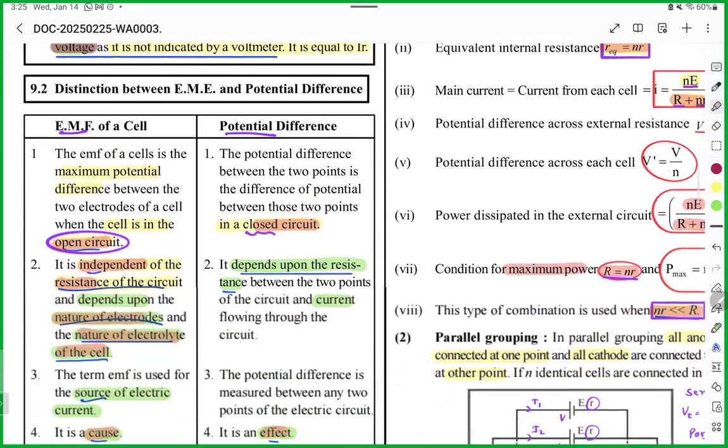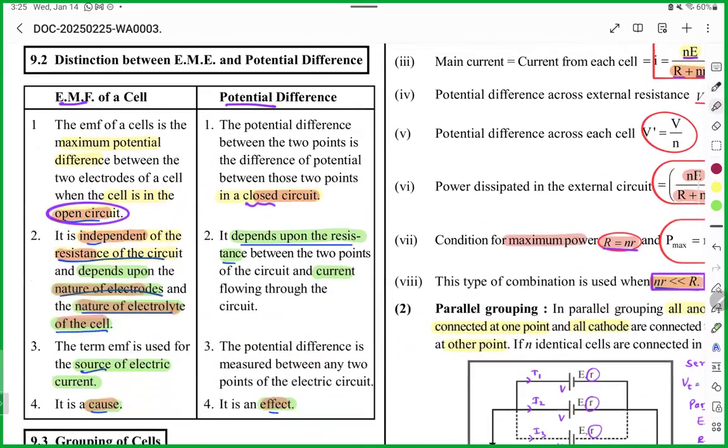Then the difference between the EMF and potential difference. EMF occurs in open circuit, potential difference in the closed circuit. EMF is the maximum value. Potential difference is less than EMF. EMF is independent of the resistance of the circuit. Why? Because you don't have any current. Potential difference depends upon the resistance. How do we know?